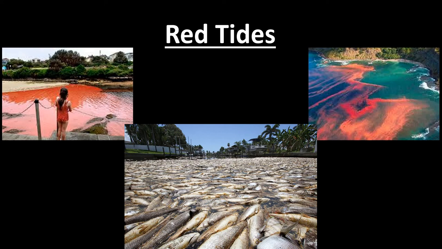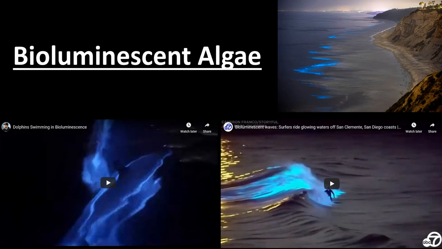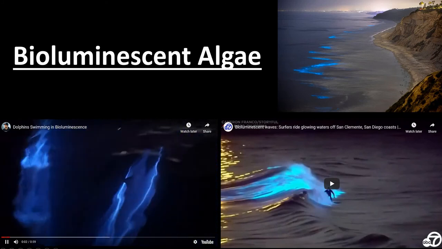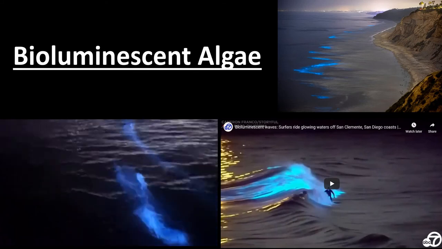Okay, one thing that algae do that is really cool is where you have bioluminescence of algae. This one is one of my favorites. This is of dolphins swimming. The algae, when it gets disturbed, creates bioluminescence.